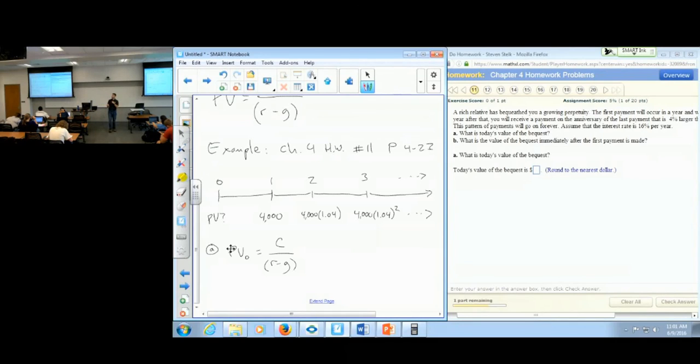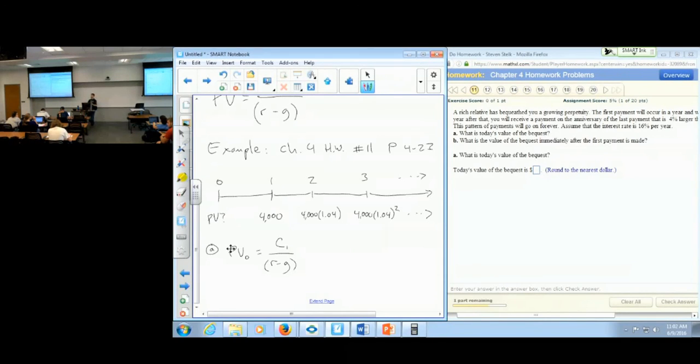This formula, just like the one for a regular perpetuity, when you plug in whatever cash flow, you're finding the present value one period before that cash flow. Right, so I'm also going to stick a subscript 1 on that C. So I know that I'm using cash flow 1, the cash flow that occurs at the end of year 1, and that's going to give me the present value as of the end of year 0.